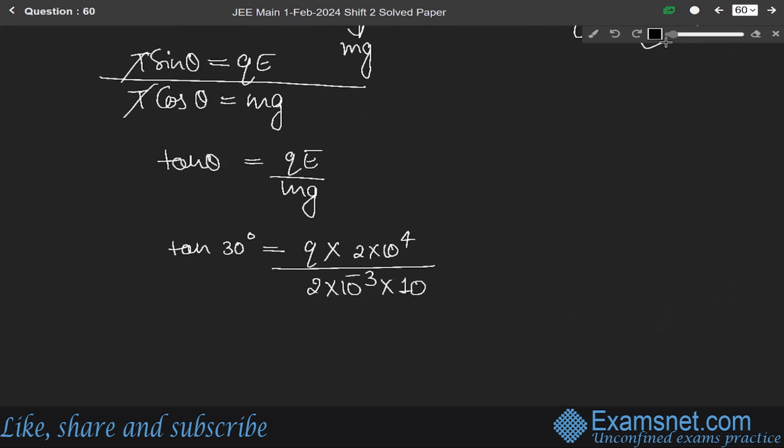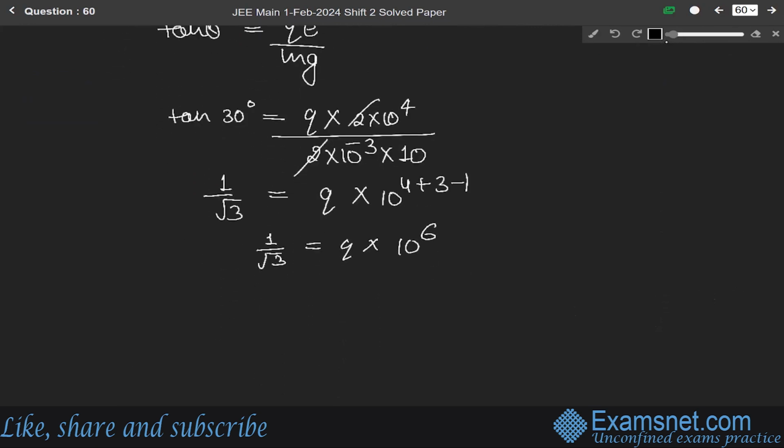And tan 30 is equal to 1 by root 3, equal to Q into, 2 cancels, 10 to the power 4 plus 3 minus 1. So 1 by root 3 equals Q into 10 to the power 6. So the charge Q will be equal to 1 by root 3 into 10 to the power minus 6 coulomb.